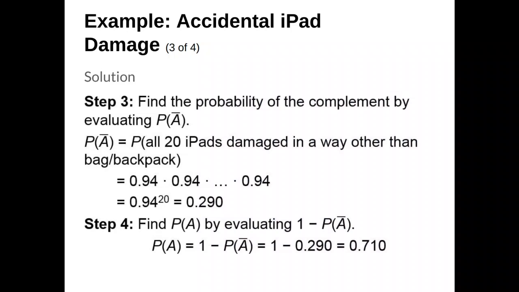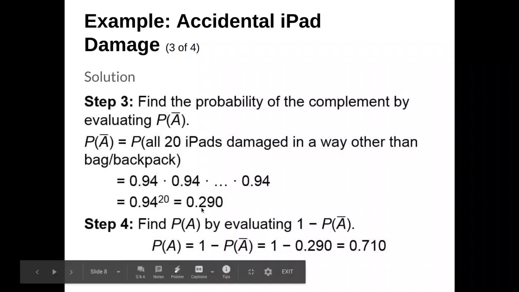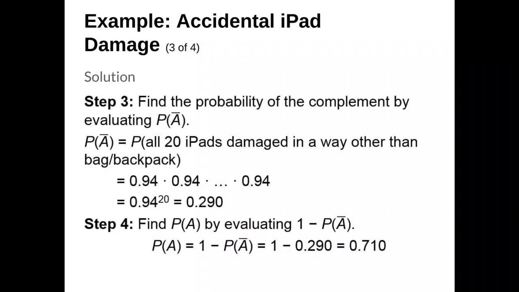So the probability that none of these 20 iPads are damaged by a bag or a backpack is 0.290, which means the probability that at least one of them is damaged by a backpack is simply 1 minus that, or 0.710.